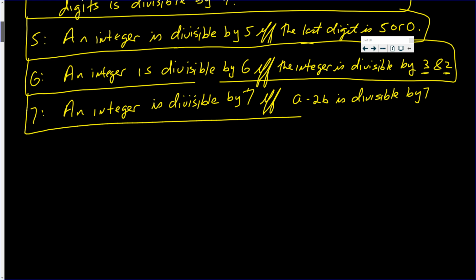Now, the real question here is, what's a and b? What is an a and what is a b? Because I can't tell if this is divisible by 7 if I don't know what it is.